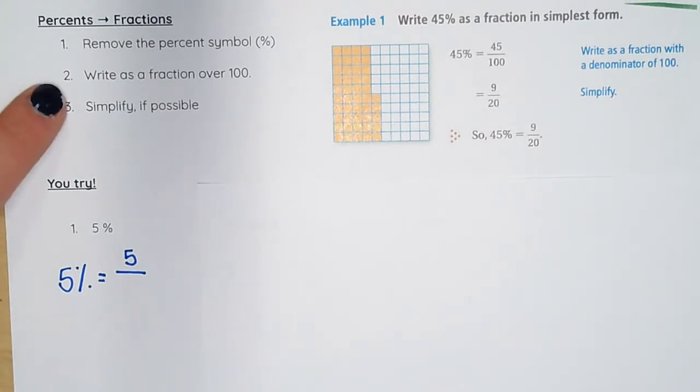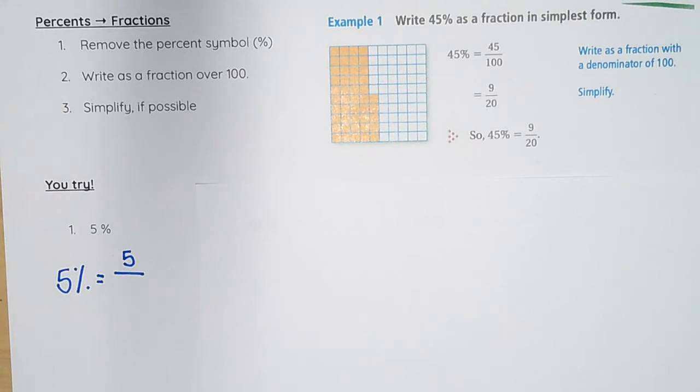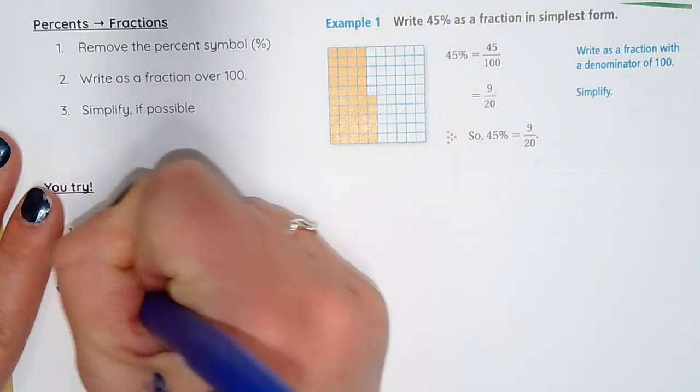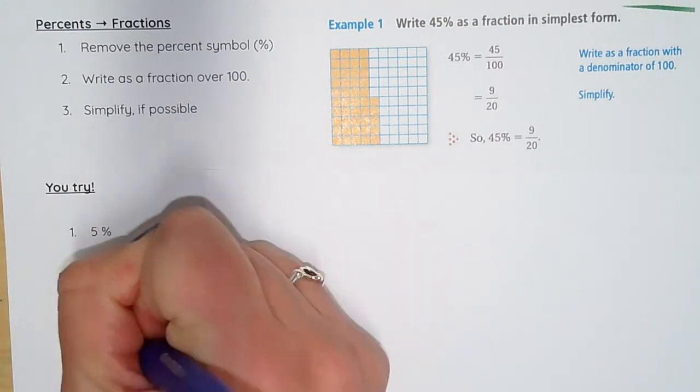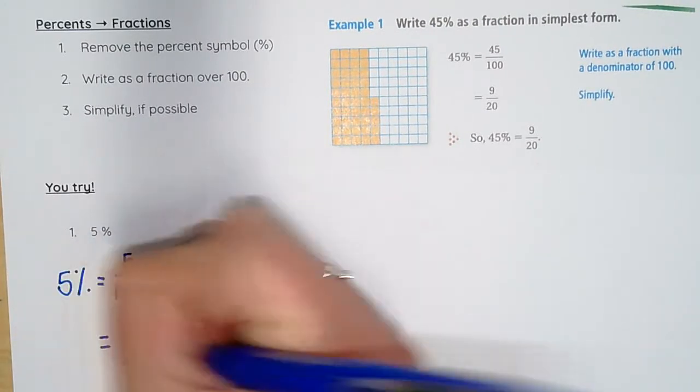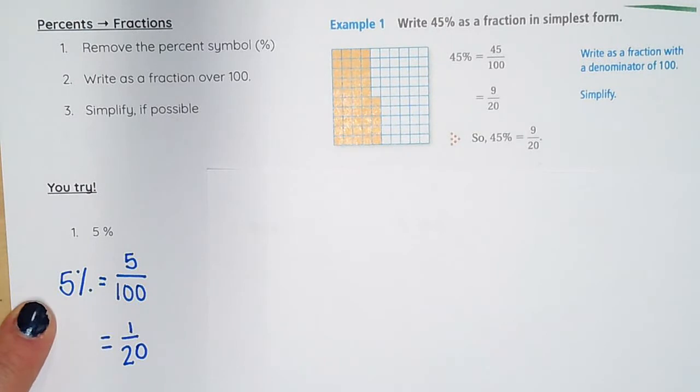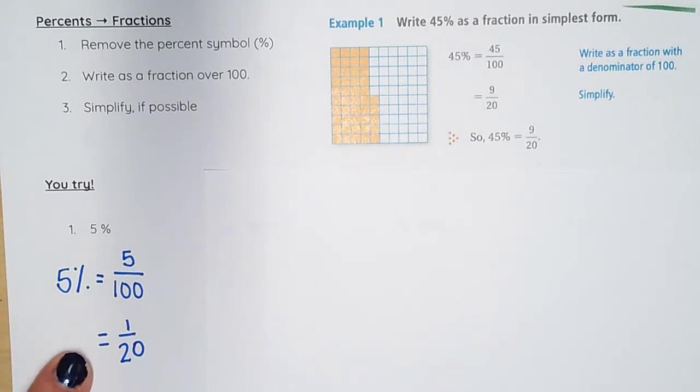My denominator will always be 100. And then I can simplify that down. Can I divide both 5 and 100 by the same thing? Yep, I can divide them both by 5, getting me 1/20. So 5% is equal to 1/20.